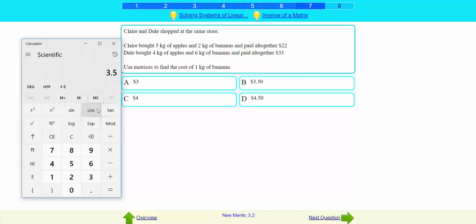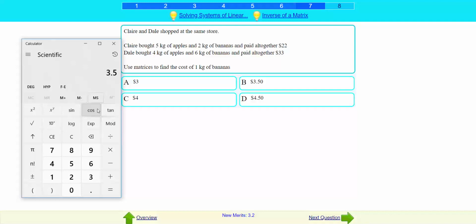We have the matrix A, which is 5, 6, and so on. So the determinant would be 1 over 30 minus 8. So this would actually become 22.